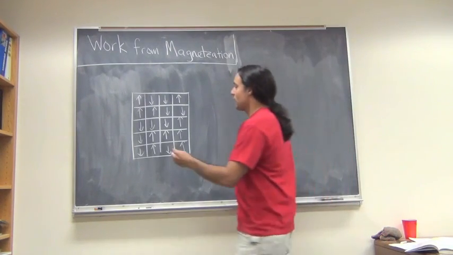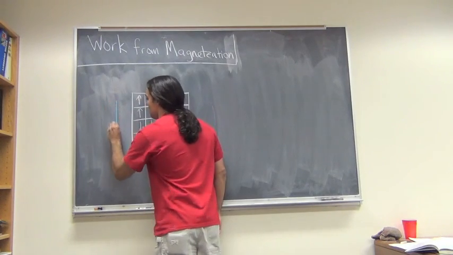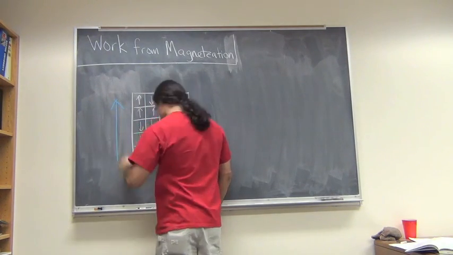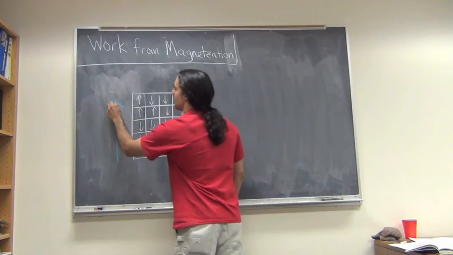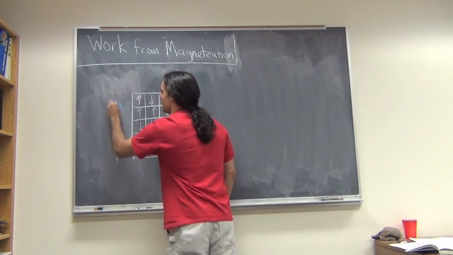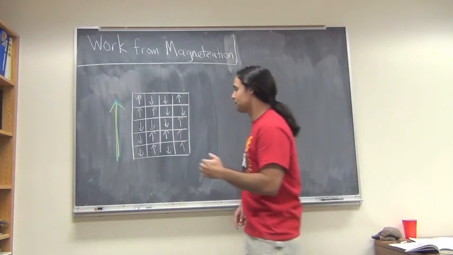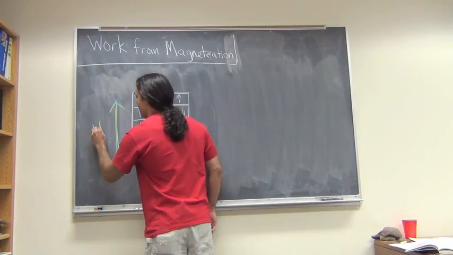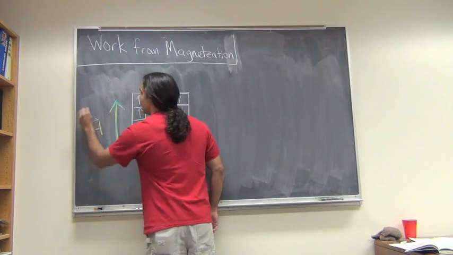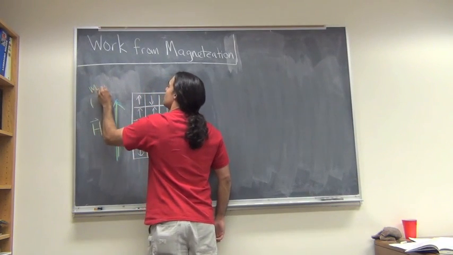So what I can do, let's say, not sure if that's going to show up well on camera, I'll use a green instead. Let's say I apply some magnetic field. We'll call that magnetic field H. This is the magnetic field.